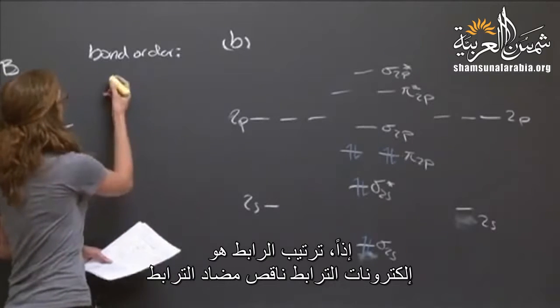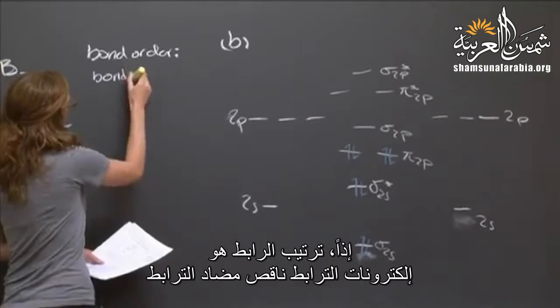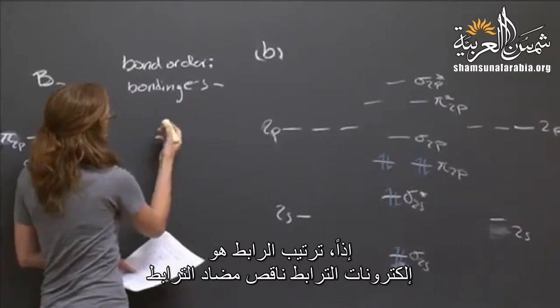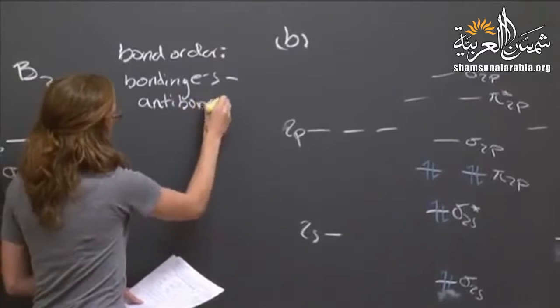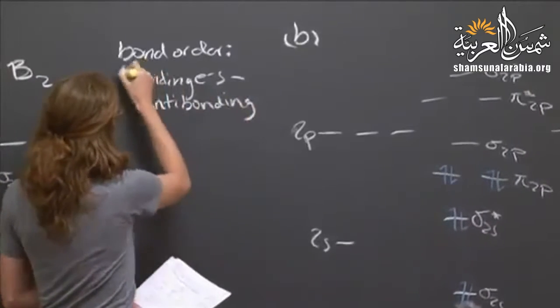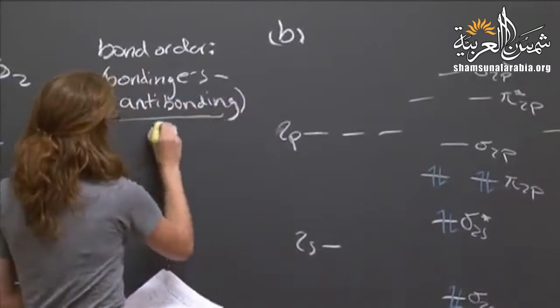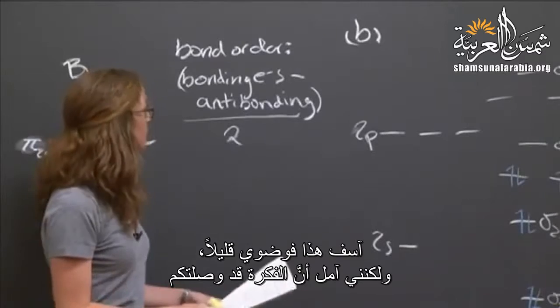So the bond order is the bonding electrons minus the anti-bonding, divided by 2. Sorry, that's a little messy, but I hope you get the idea.